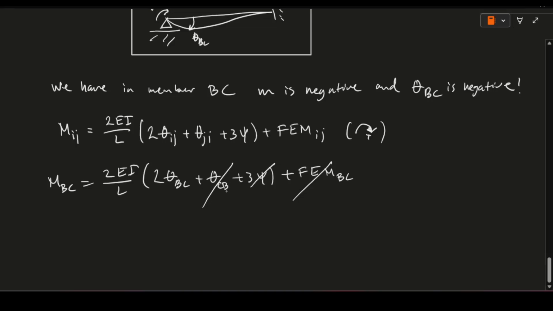We have no angle. The slope at C is 0. The theta BC, however, we have.